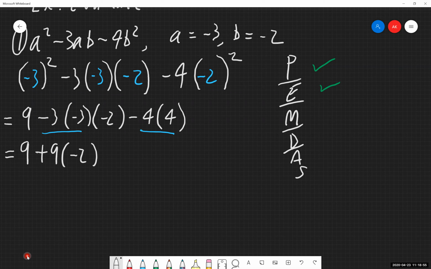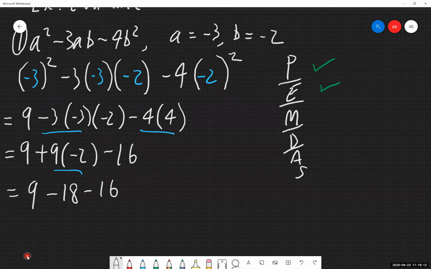And then a -4 times 4, it's going to give me a -16. I still have multiplication going on here. I'm just going to keep working with that. 9, a +9 times -2, -18. Get to that there. Get rid of that.